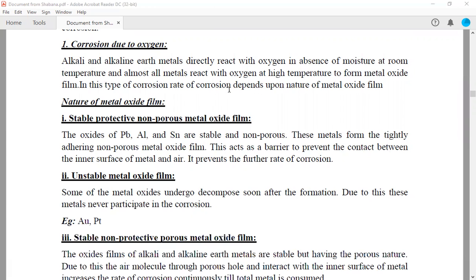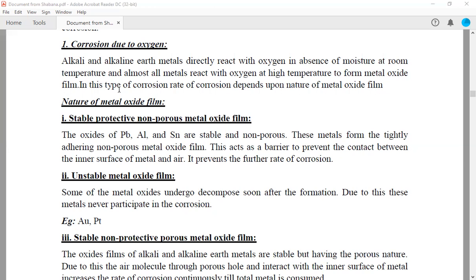In this, mainly alkali and alkali earth metals are responsible for the formation of corrosion by reaction with oxygen in the absence of moisture at room temperature. The direct attack of oxygen on the metal is known as oxidation corrosion.